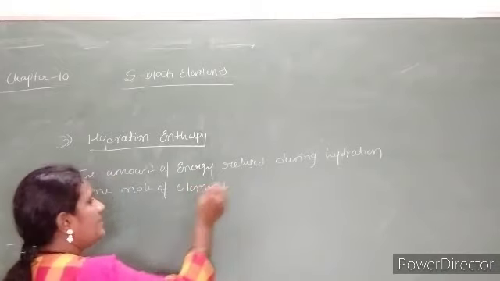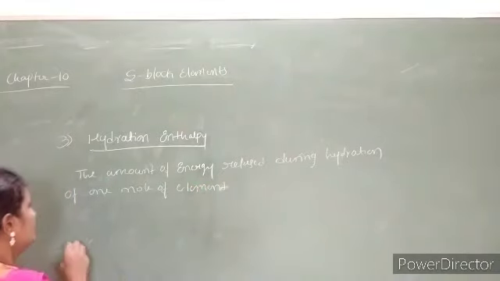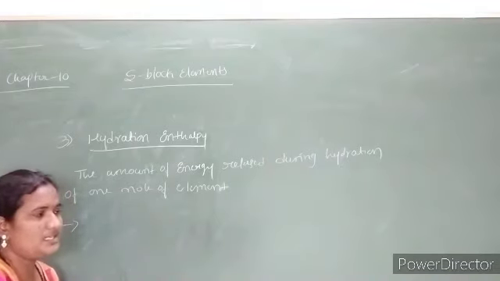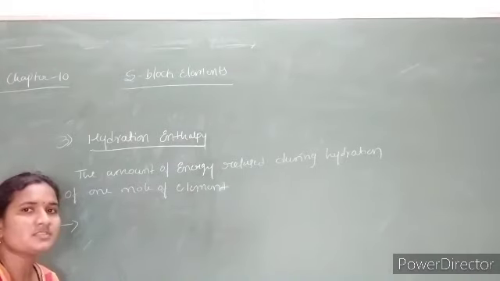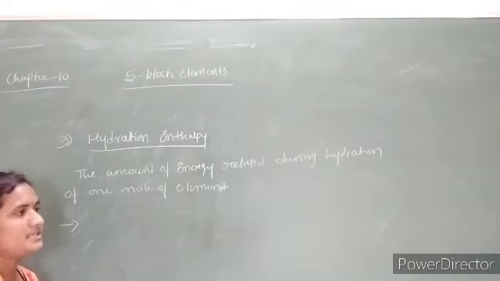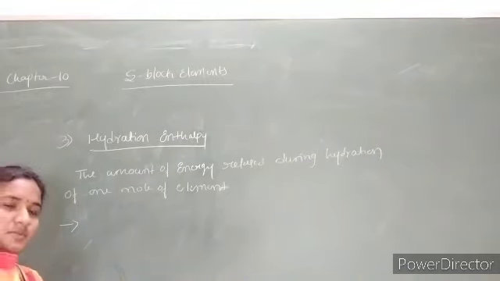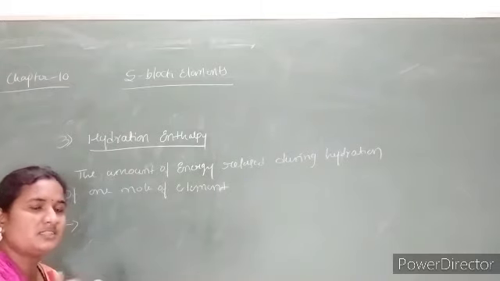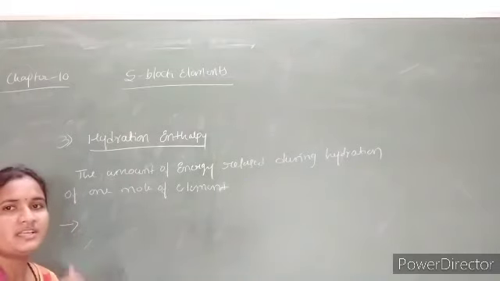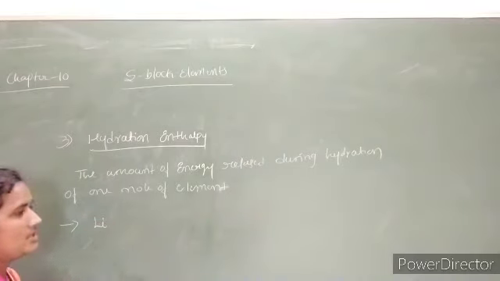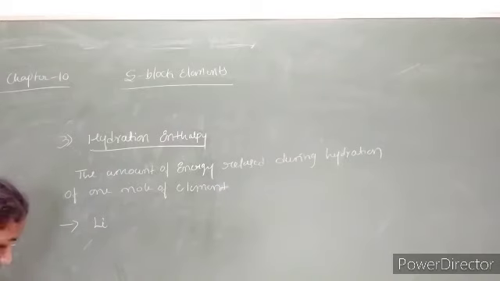In alkali metals, the hydration enthalpy decreases from lithium to francium, down the group, because the size of the atom increases from lithium to francium. As the size increases, the hydration enthalpy decreases, so lithium shows more hydration enthalpy compared to sodium, potassium, rubidium, cesium and francium.